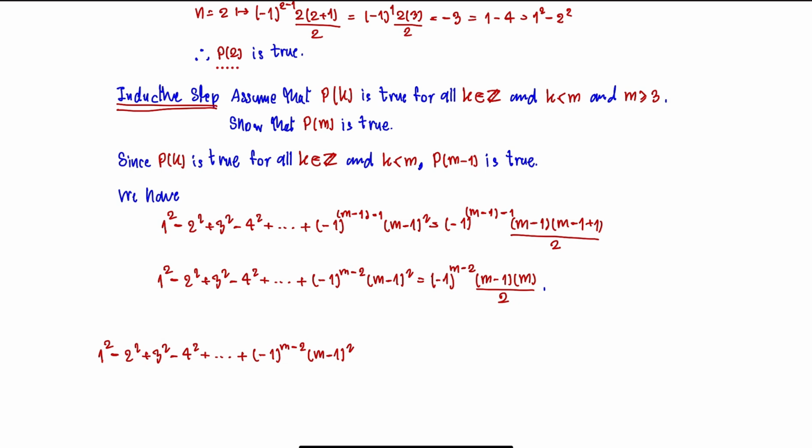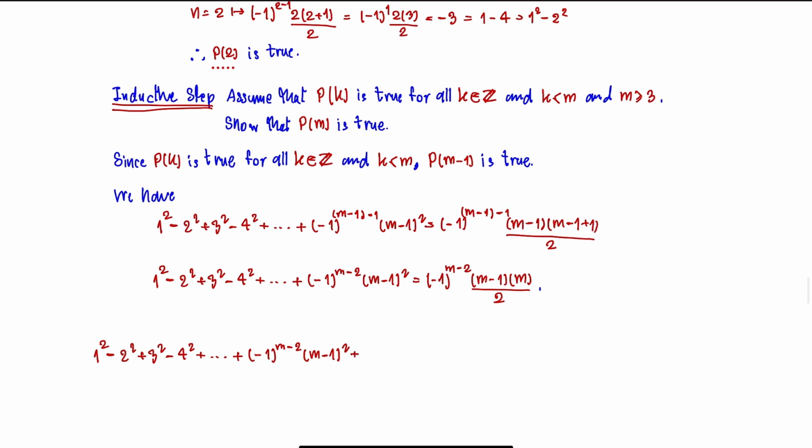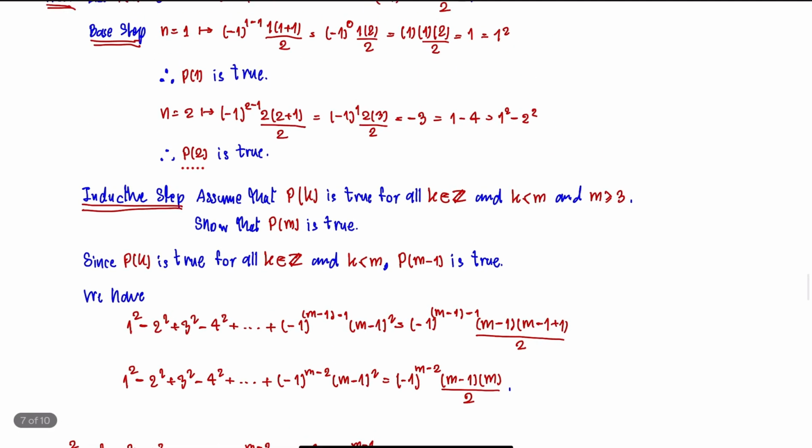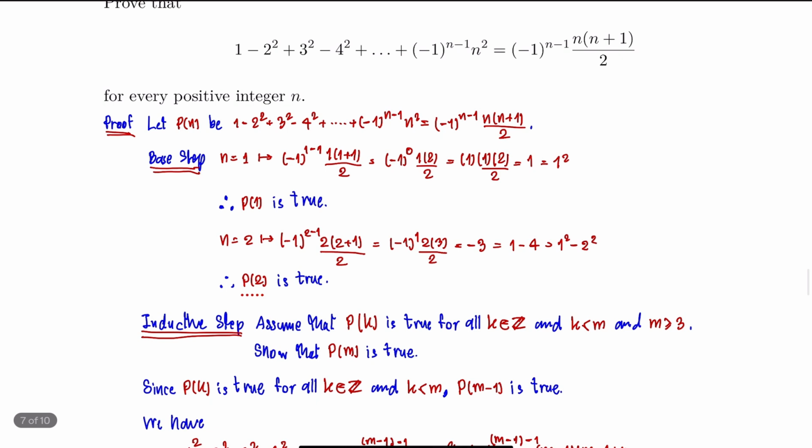I'm going to add the term with the sign minus 1 raised to the M minus 1. This term must be M squared.